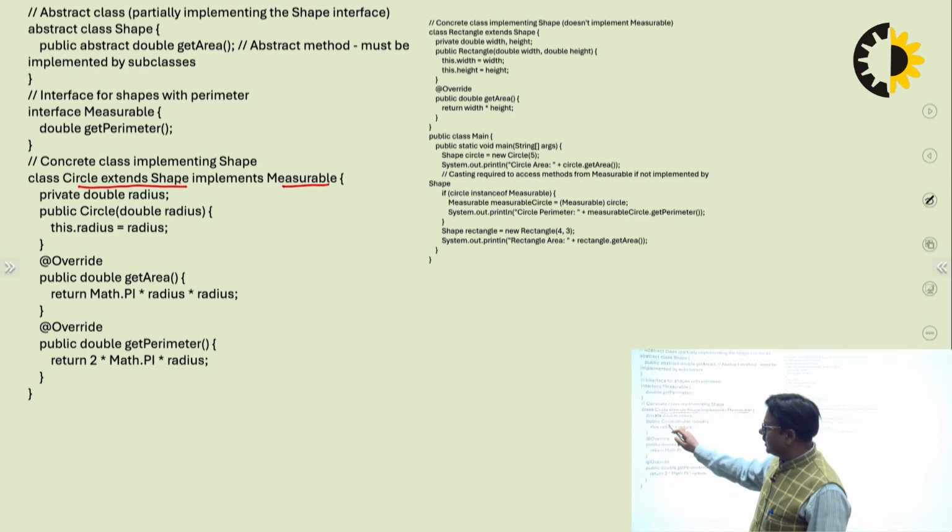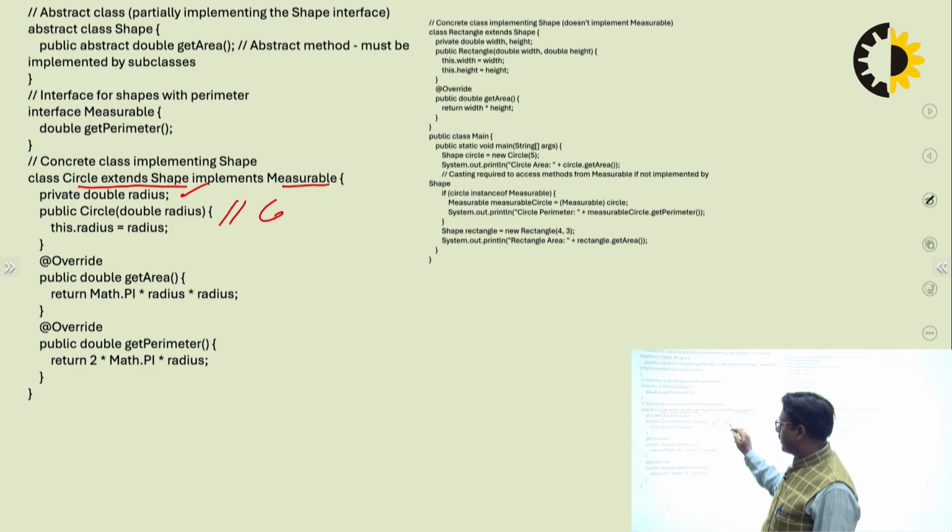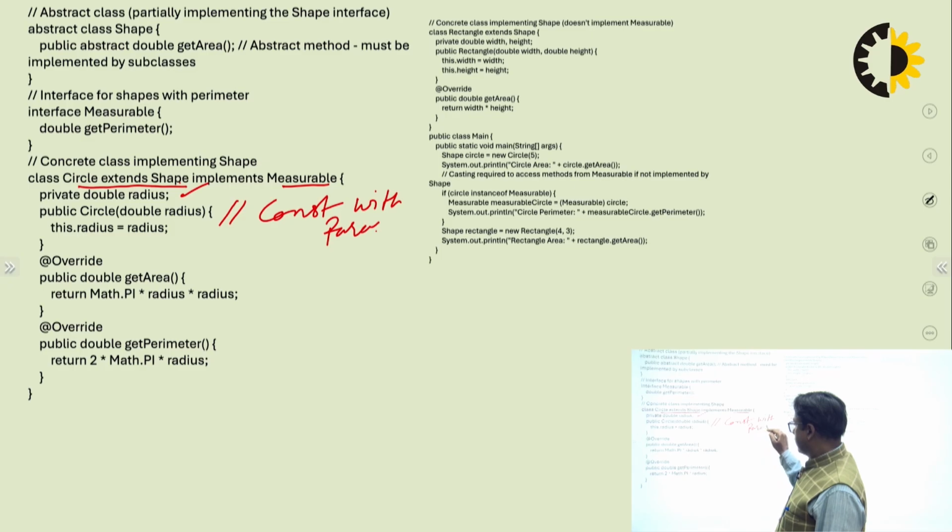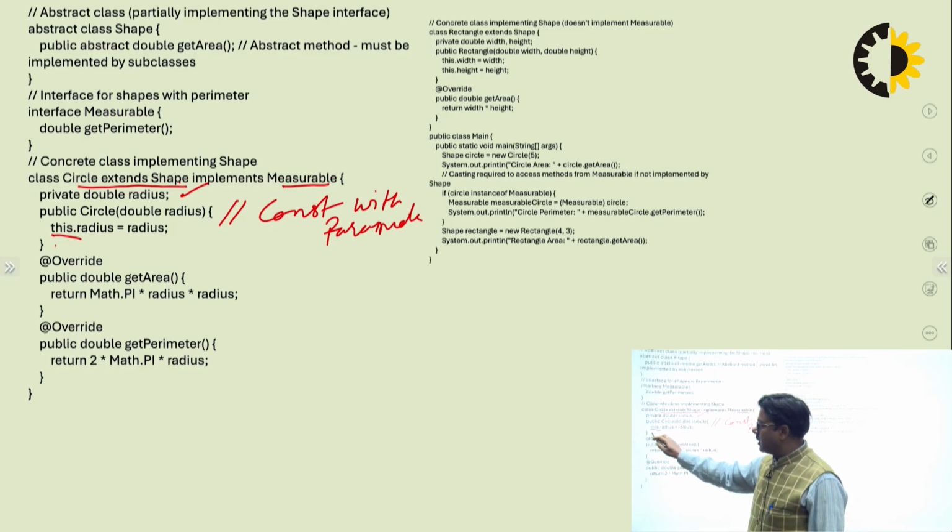Now what has been done here? A variable has been declared here, double radius, in the Circle class. This Circle contains another method called Circle, and this is exactly a constructor, a parameterized constructor with a parameter. And this is the this keyword.